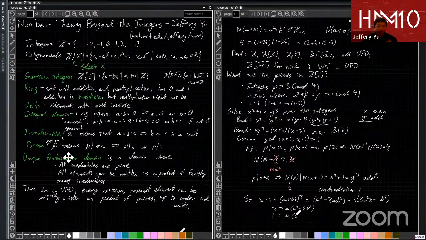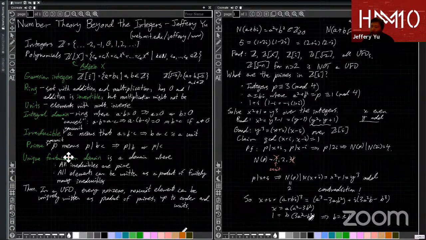Now remember, x, a, and b are all integers, so this is where we use ordinary number theory over the integers. 1 is a product of two things, so b has to be plus or minus 1. If b is plus 1, then 3a squared minus 1 has to be 1. There's no solution to that.